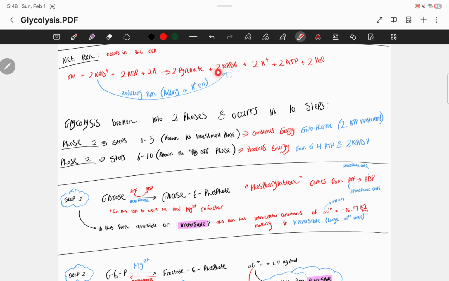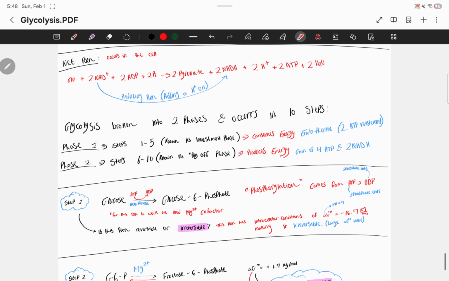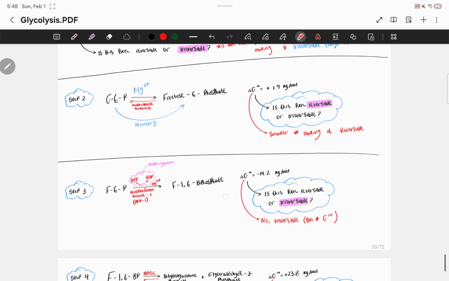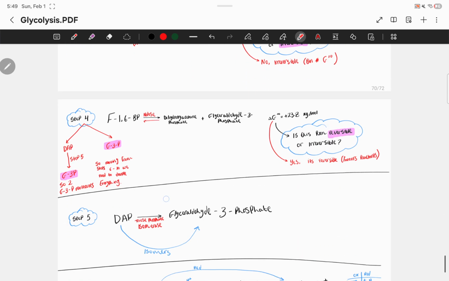We have the 2 NADH, and then we have the 2 hydrogen ions right here, the 2 ATPs, and then the 2 waters. That's it. That's the whole reaction. I hope that made sense.